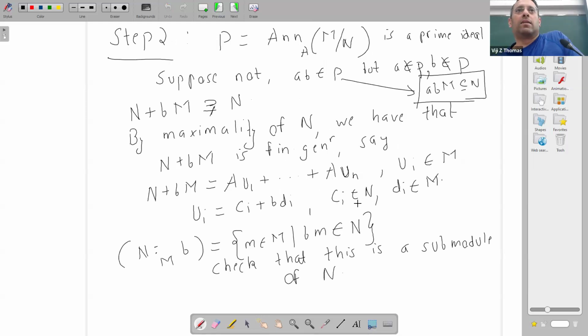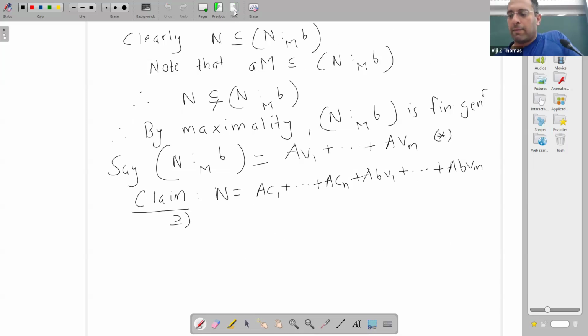Ci belongs to N. So all Ci belong to N. So next, Ci belongs to N, no problem. Now Vi belongs to this colon module. Okay. So that means B times Vi belongs to N. Each of the Vi belongs to this colon module, so B times this Vi will land in N. So this direction is clear.